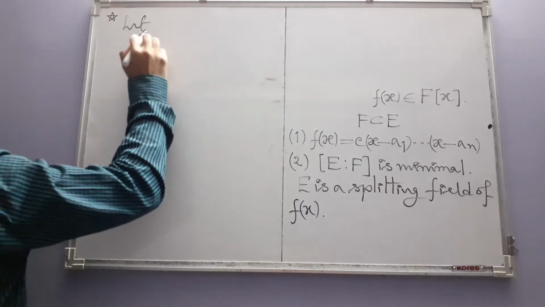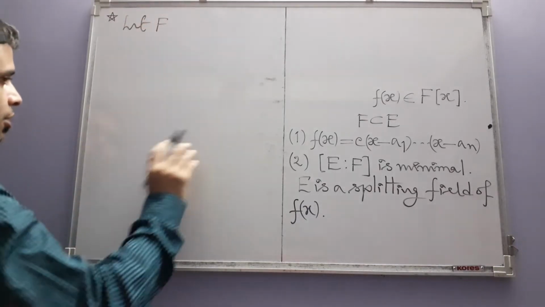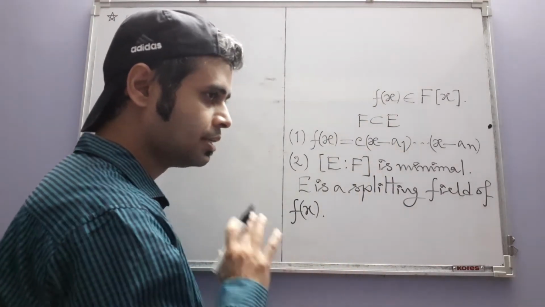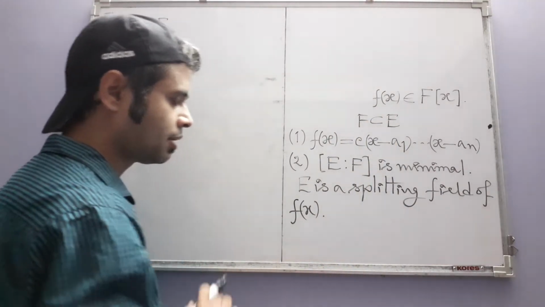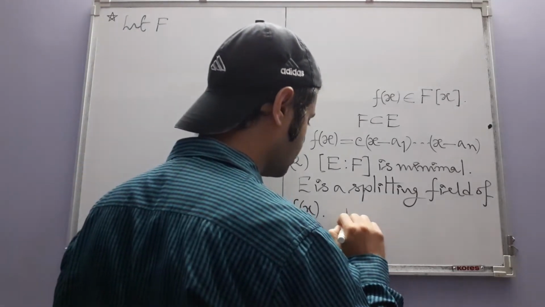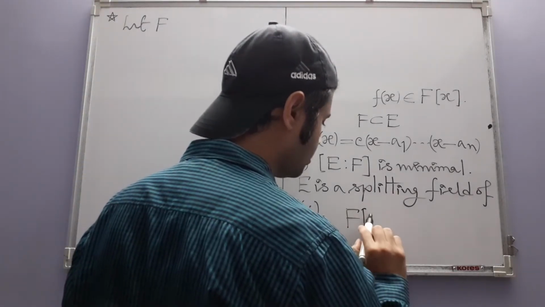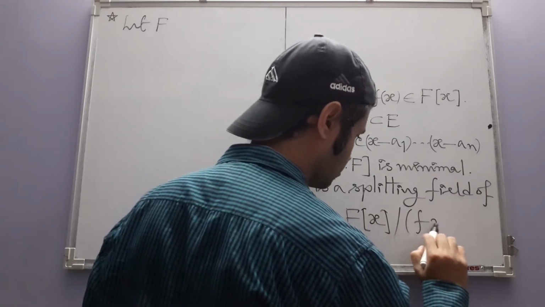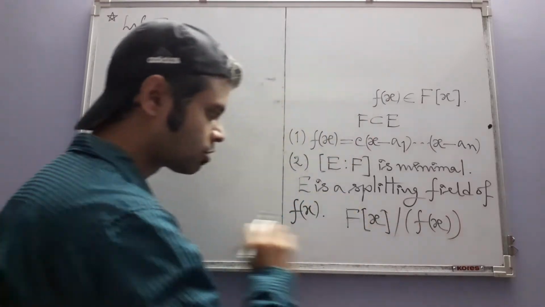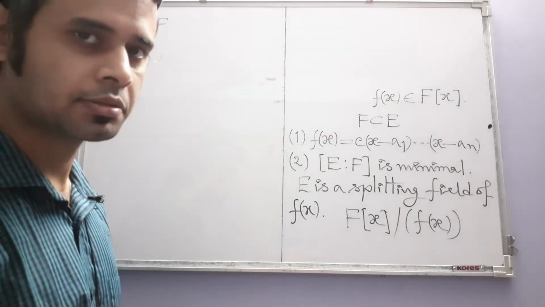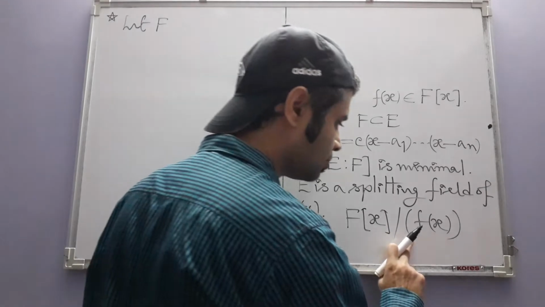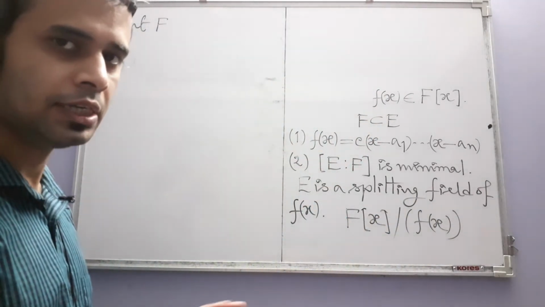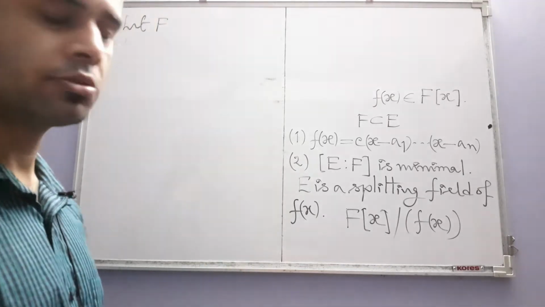From our proof of the fact that a splitting field exists for a polynomial, we somehow came to the conclusion that we need to look at quotient rings of polynomial rings by principal ideals generated by some polynomial, and we need to look at relationships between two such quotient rings.